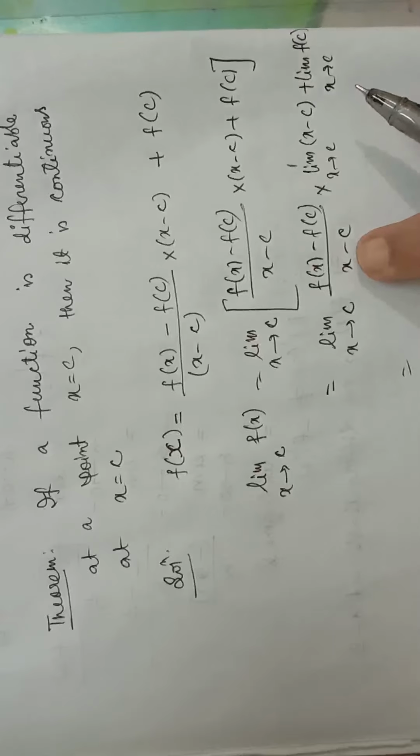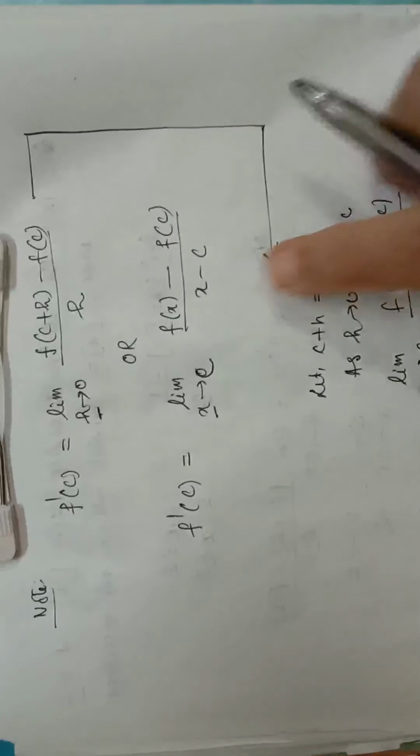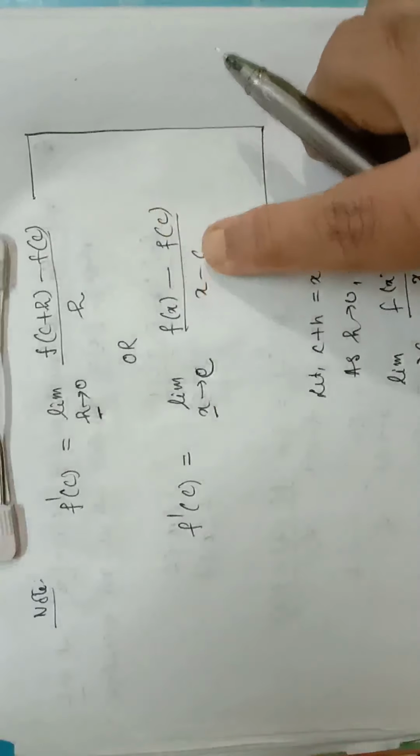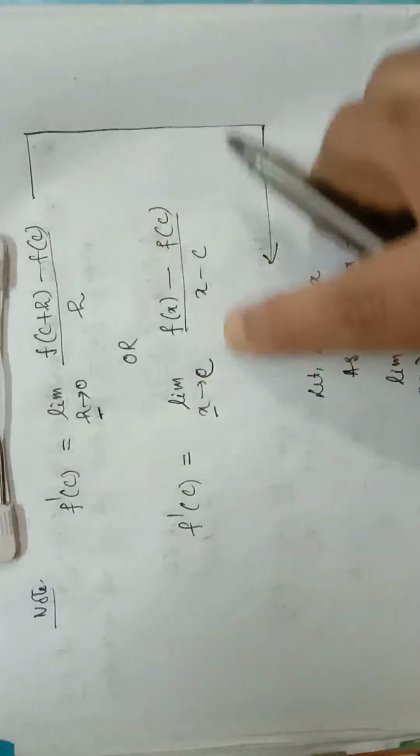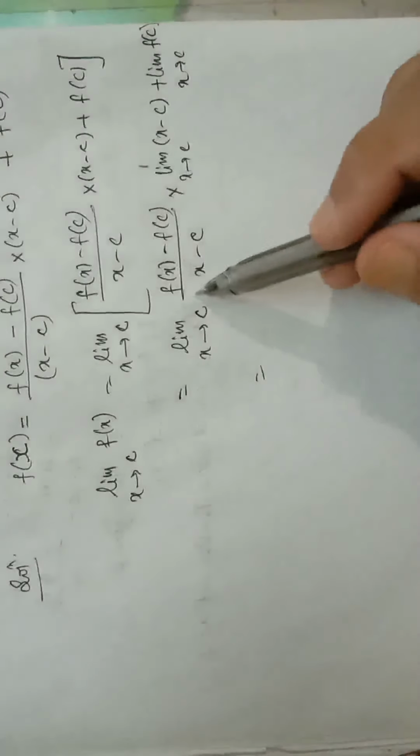This is the definition of derivative I have written here. You see, f of x minus f of c by x minus c when x tends to c is the derivative of f x at x equal to c. This is f dash c.